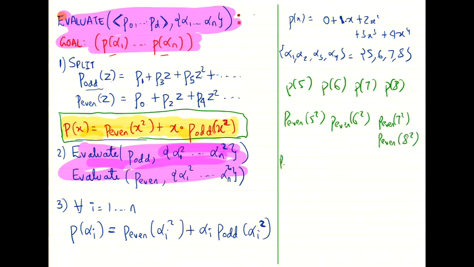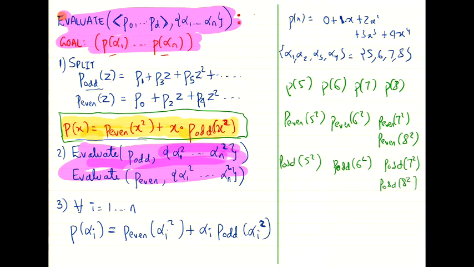And similarly P odd. This is a very general fact because of this identity. If you know the value of P even and P odd at alpha i squared, then you can compute the value of the original polynomial at alpha i, for any choice of alpha i's.